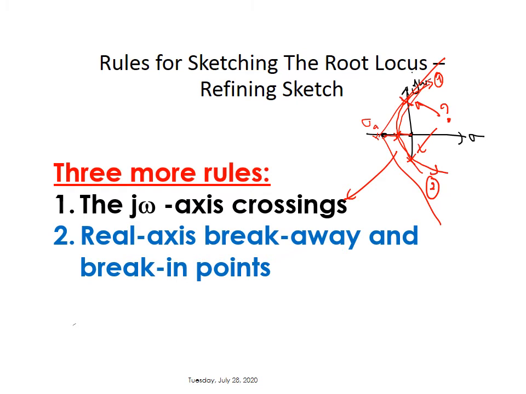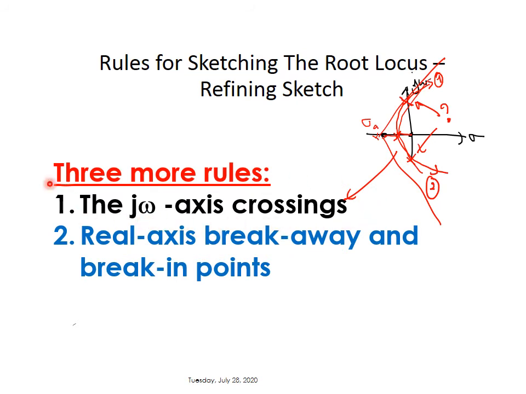So therefore, in order to refine the sketch to make it more precise, there are rules that we will learn in order to pinpoint the point at which the branch will cross the j omega axis. So that's the first one.